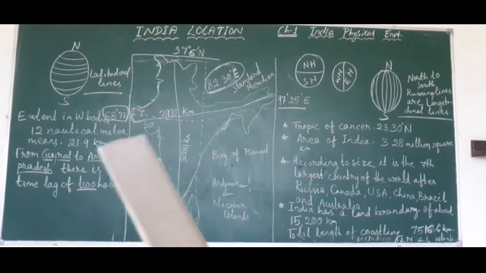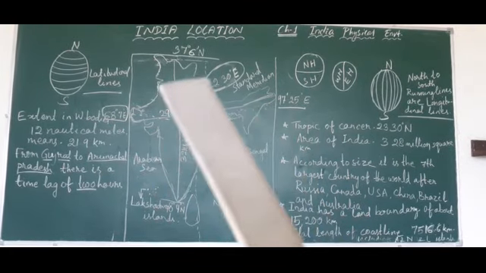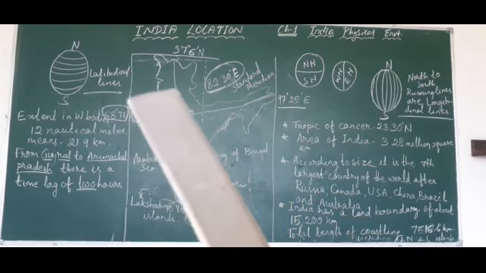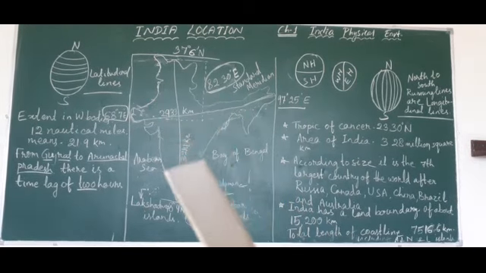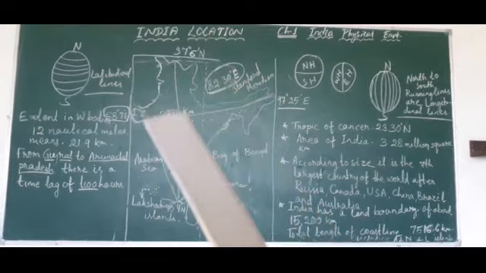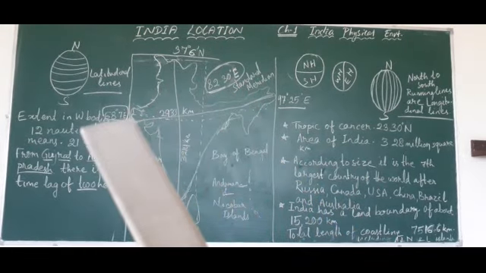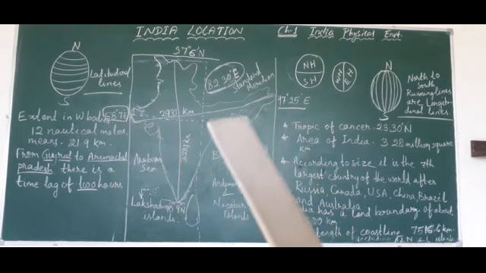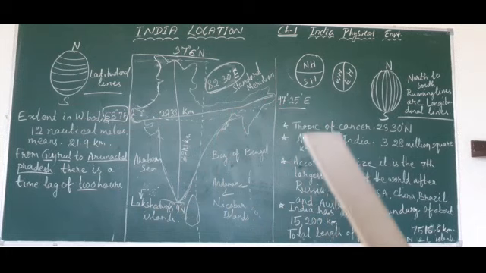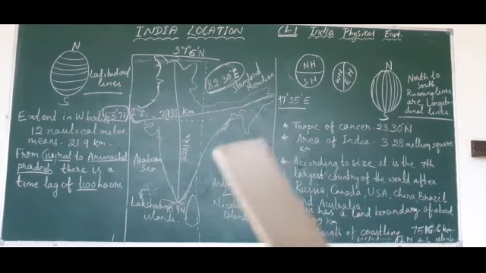In the middle, India is divided approximately into two equal halves. The southern part is known as the tropical zone and the northern part of India is known as the subtropical zone. This is how it is divided by the Tropic of Cancer, which is 23.30 degree north.